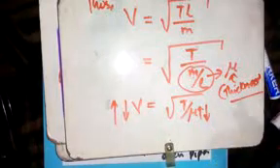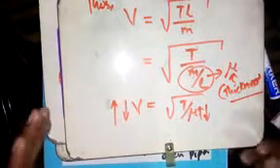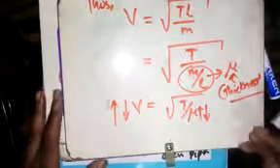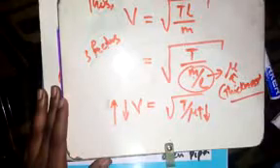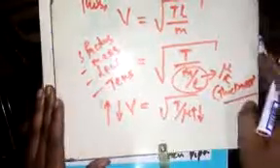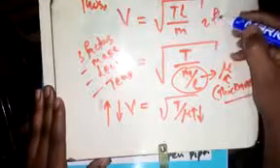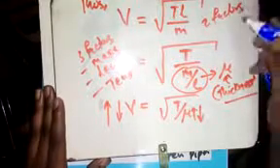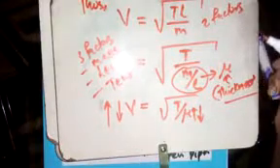Therefore, these are the factors upon which the speed of the transverse stationary wave depends. Now, in exams, you will be asked the following question: mention three factors upon which the speed of the string depends. The three factors are mass, length, and tension. You may also be asked to mention two factors which affect the speed of the transverse stationary wave.